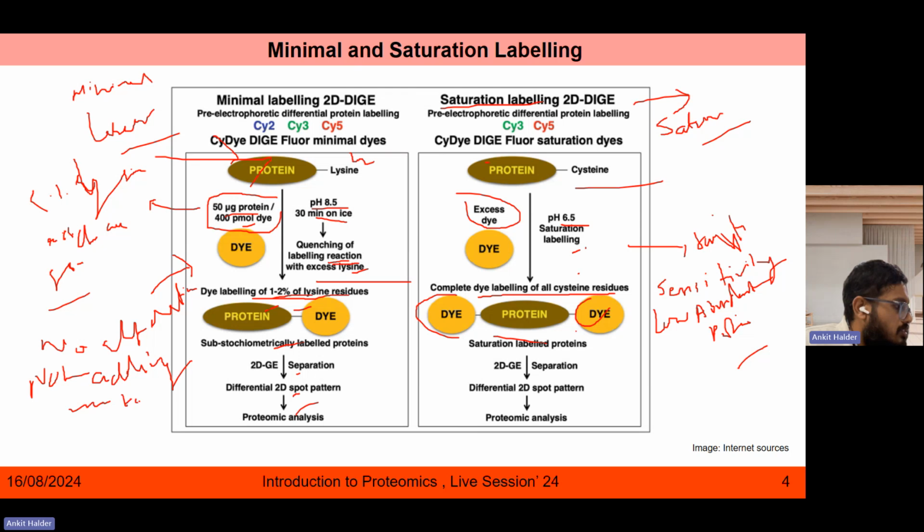Okay, so this is how minimal labeling and saturation labeling works, right?